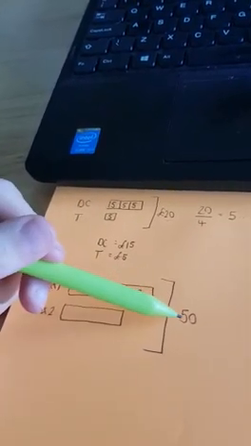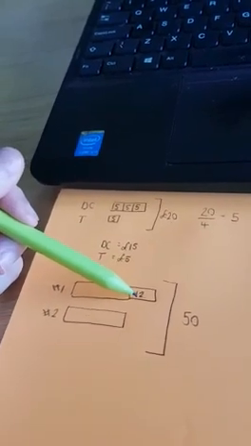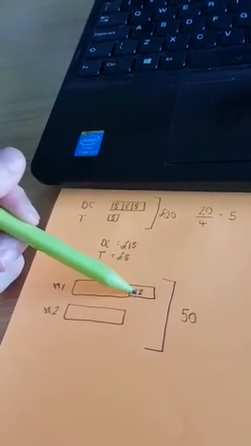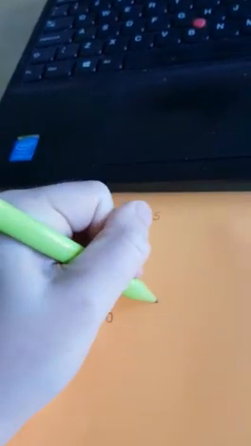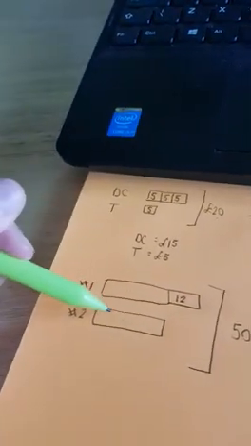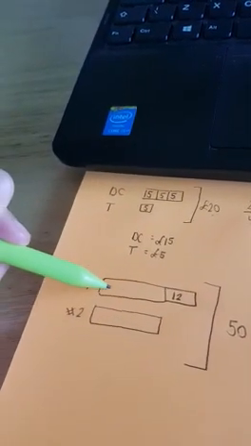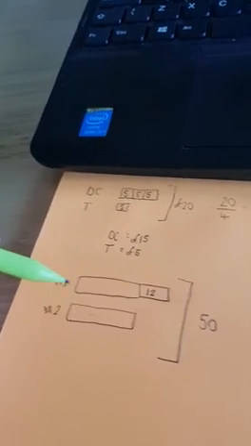So what we do is we take the whole, which is 50, we take away the extra bit that's been added on, which is a difference of 12, so 50 take away 12 is 38. These 2 equal parts are 38.